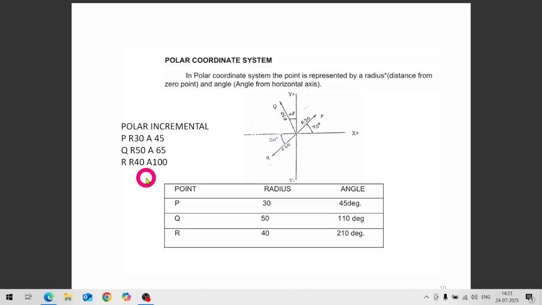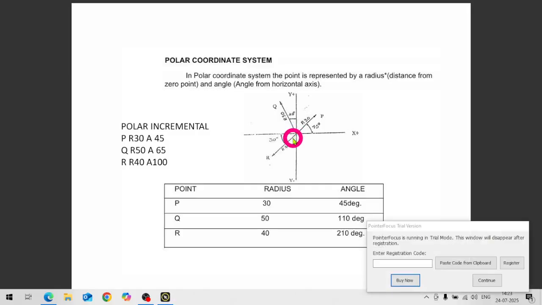Then next point is R. In R, this radius is 40 mm radius, and how much is this angle? Now this will become 0. If I take this point O, OQ is 0 line now, and this angle is 100 degree because the total was 210, and here up to this line it was 110 degree.